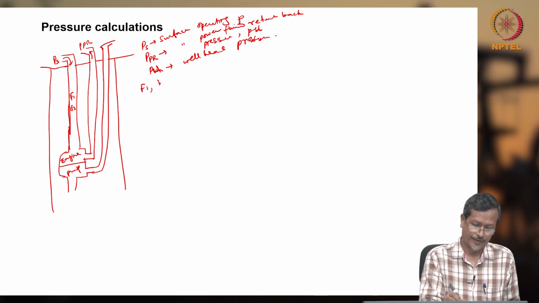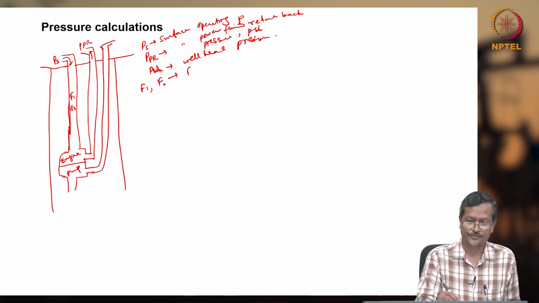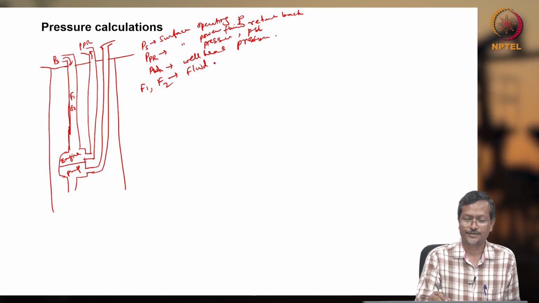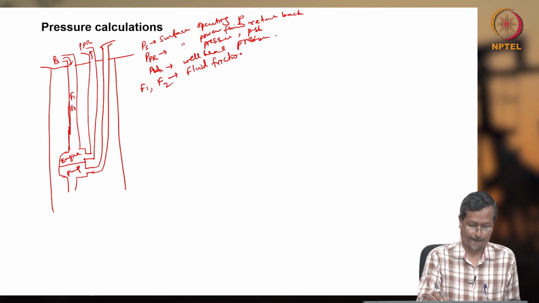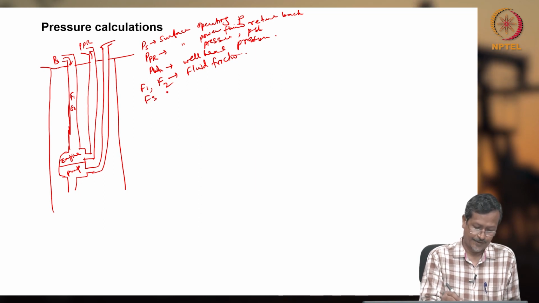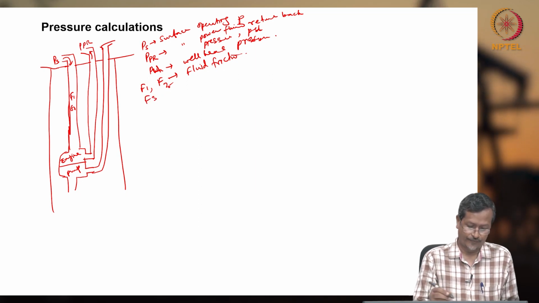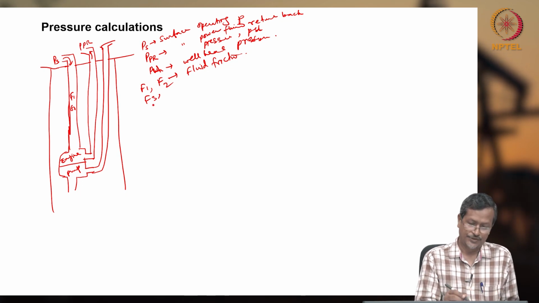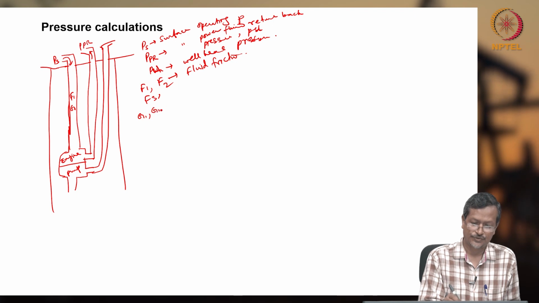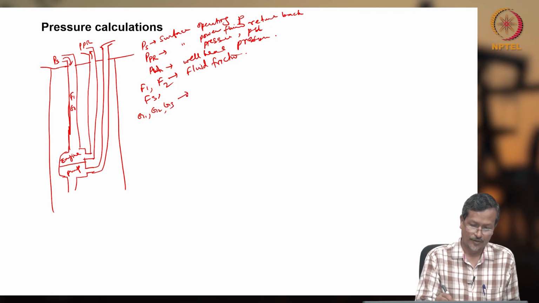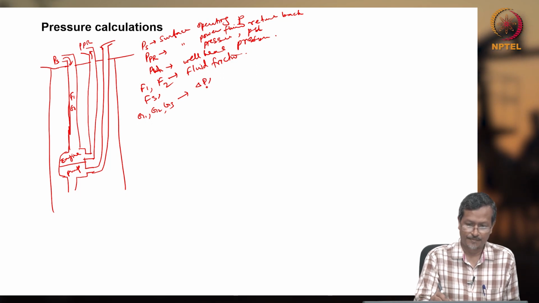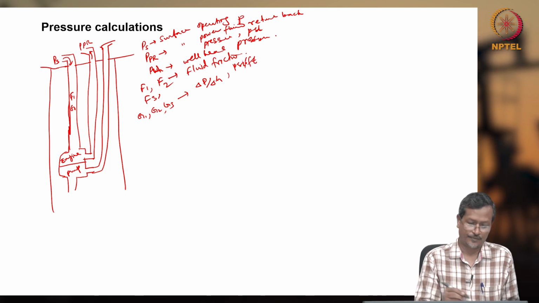F1, F2, F3 are fluid friction. When fluid is flowing, fluid will have friction, right? And G1, G2, G3, all these are fluid gradients, del P by del H, PSI per FT.